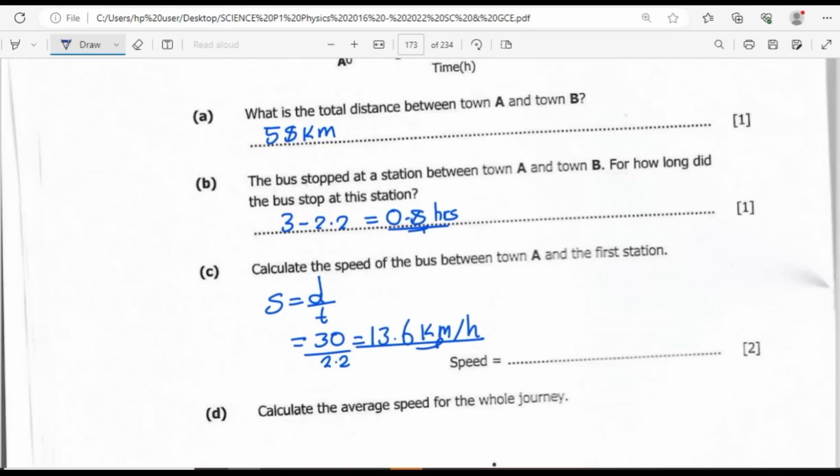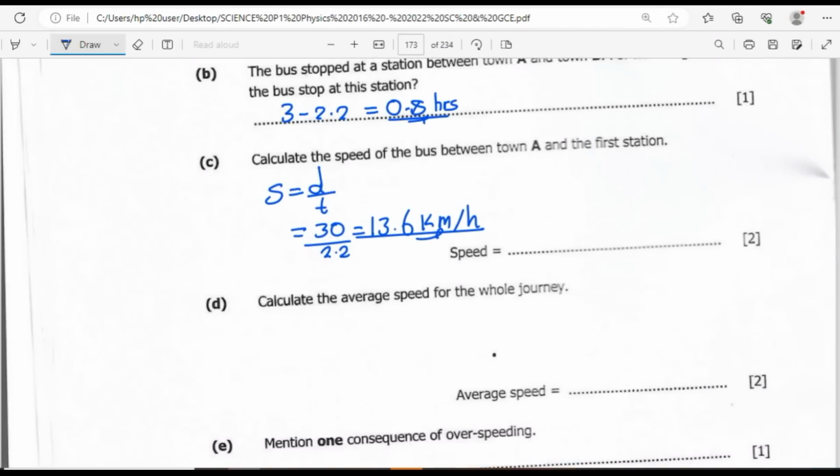Then calculate the average speed for the whole journey. So the average speed for the whole journey, you just have to say average speed is equal to total distance over total time taken.